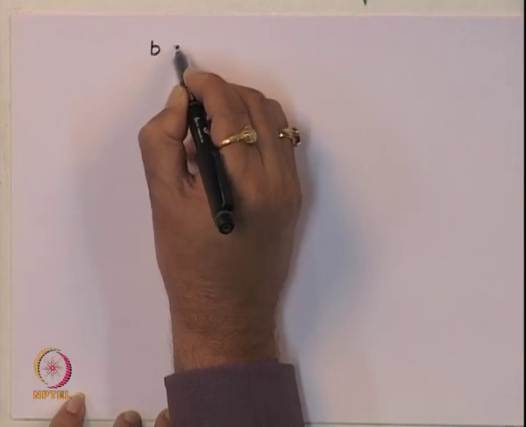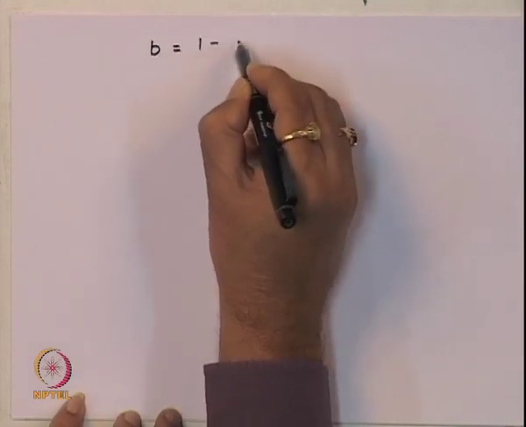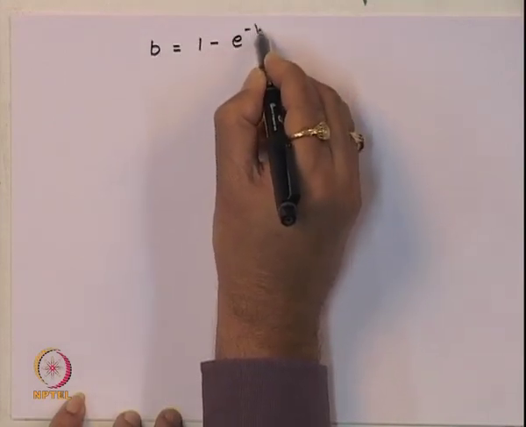So, as we know, the dispersion curve starts with 0 for the normalized propagation constant b, and when the V number is very, very large, the normalized propagation constant b becomes equal to 1. So, the curve looks very similar to this kind of exponential curve. So, in this case it is given now that b is 1 minus e to the power minus V.